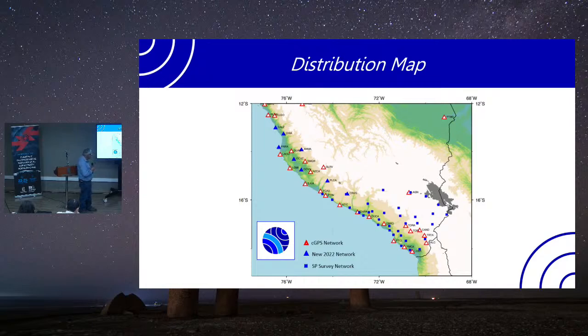So given that we started measuring in 2007, we have a very large time series for the southern Peru deformation. And as Shamita Das was asking yesterday, how good is 10 years, 5 years, or 20 years of data?